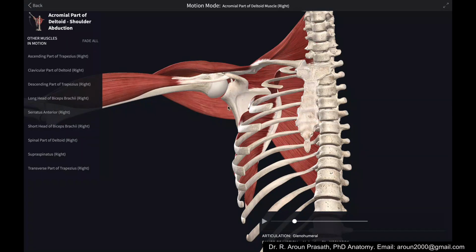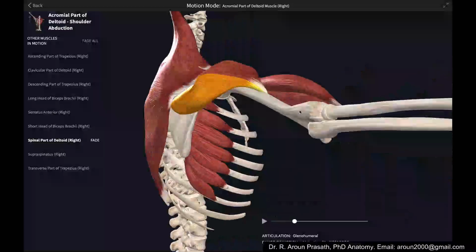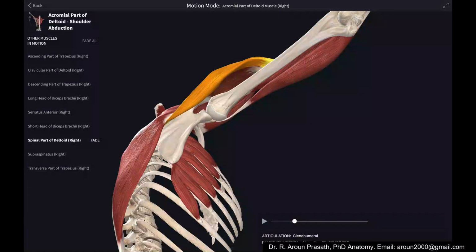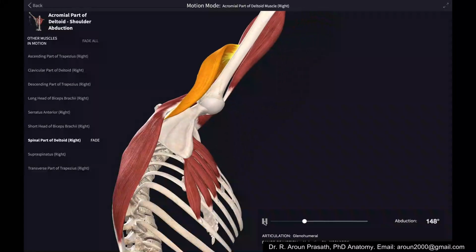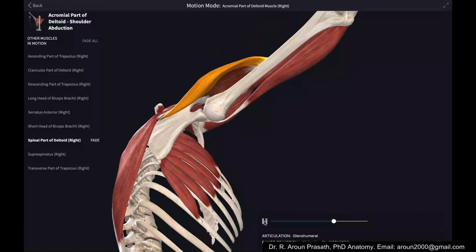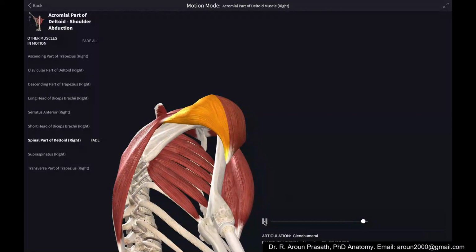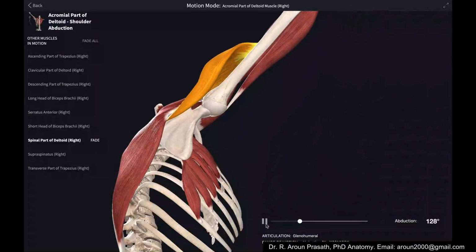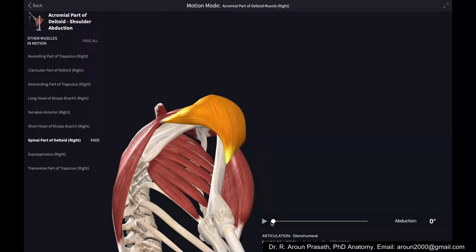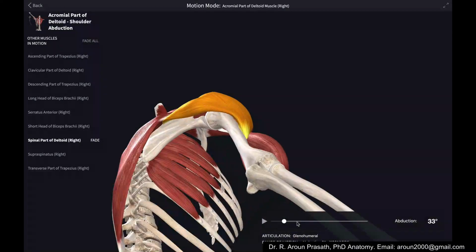That means after 45 degrees the movement is taking place in the scapulothoracic joint. Okay, this is a combination movement. Just observe carefully.